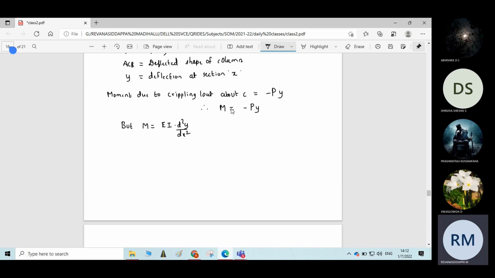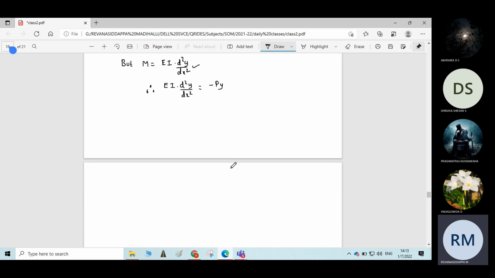Now M is equal to minus Py, and the same moment M is equal to EI into d square y by dx square. From both these equations we can equate: EI into d square y by dx square is equal to minus P into y.